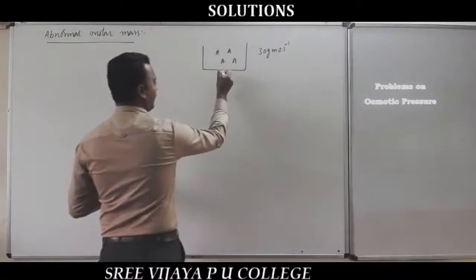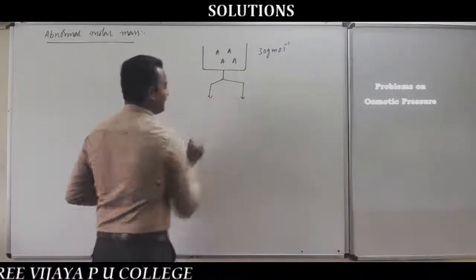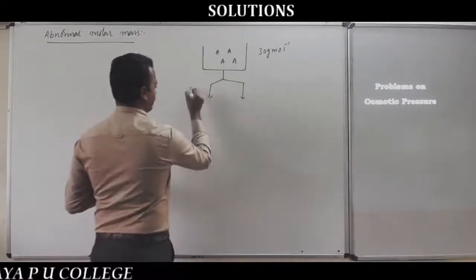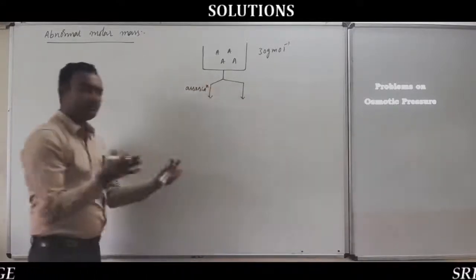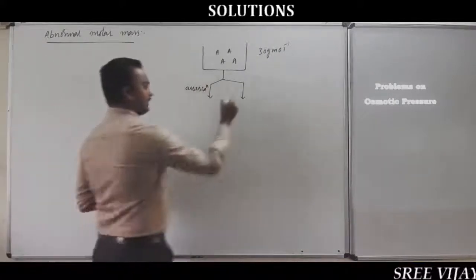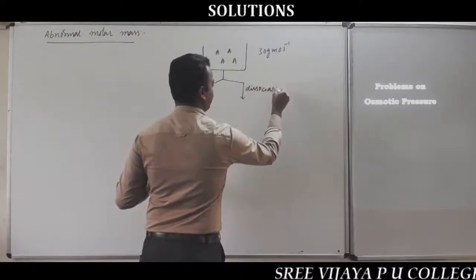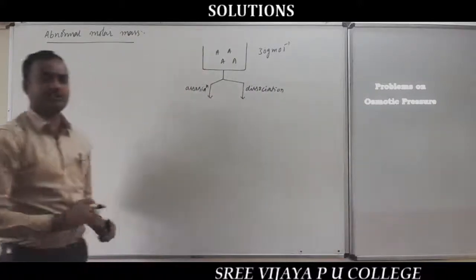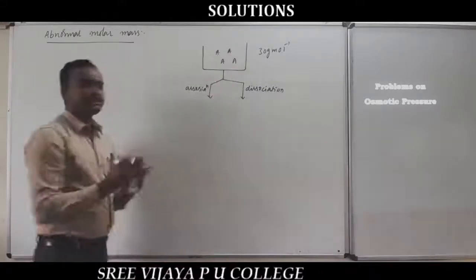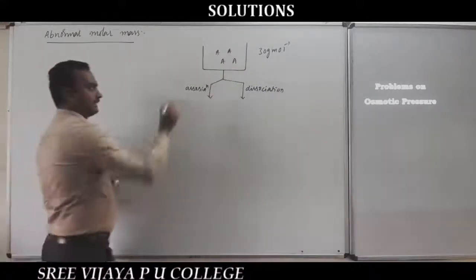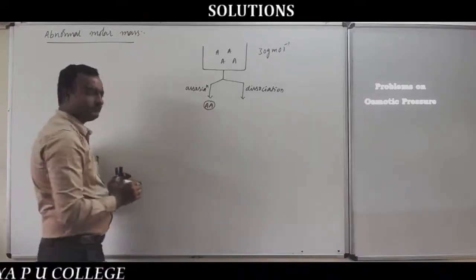Now assume that the solute particle in the solution may undergo association or dissociation. After association, these particles are combined together to form one particle. For example, A combines together to form one particle.